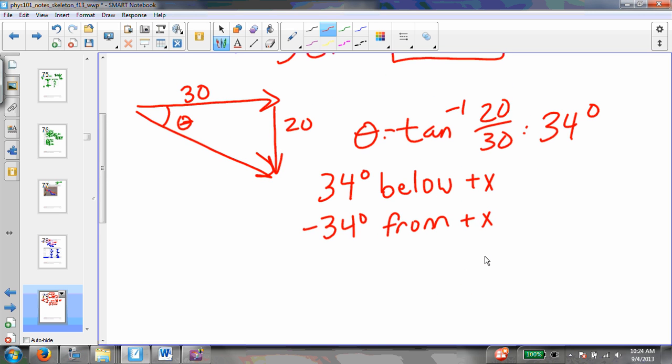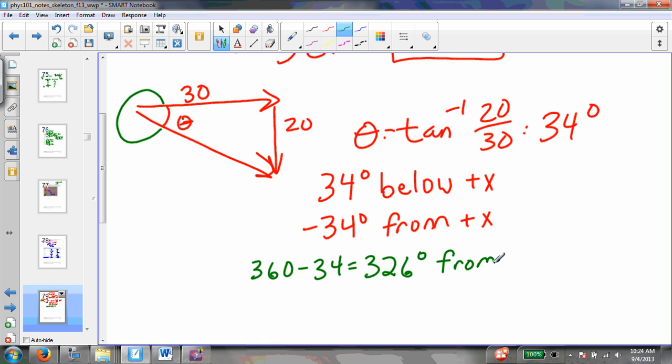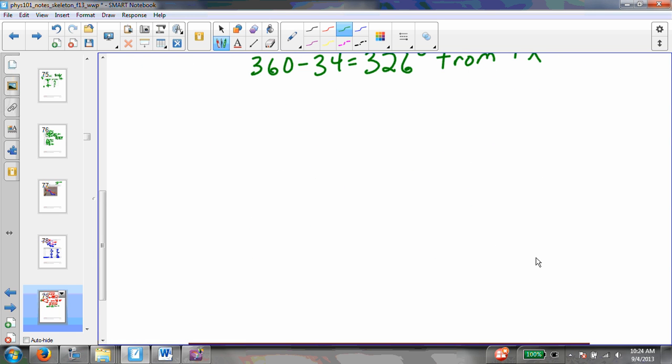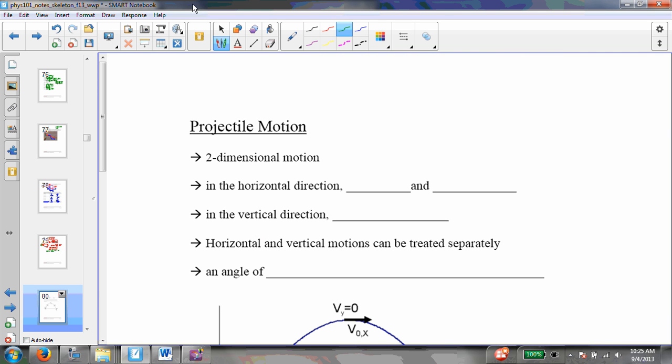I can also, instead of giving the angle theta, give this angle, which is 360 minus 34, which is 326 degrees from the plus x-axis. All right, so there are a variety of ways that you can represent this. But it's very important that you actually get the appropriate direction. We'll stop there and pick up with projectile motion next time.